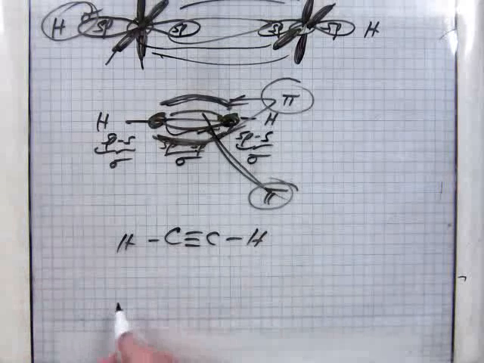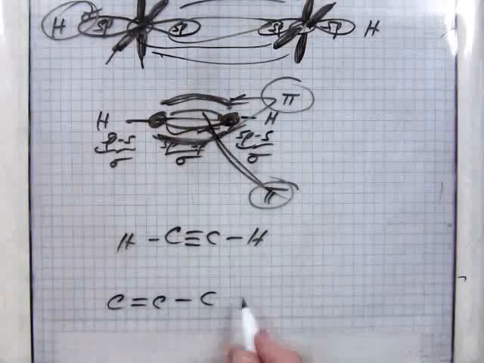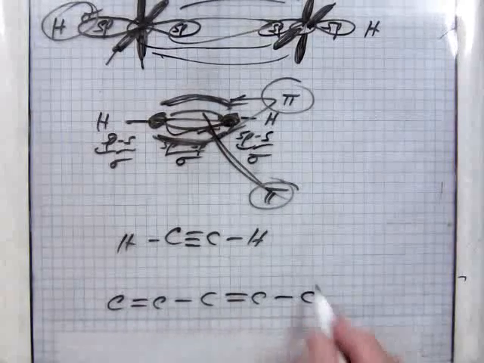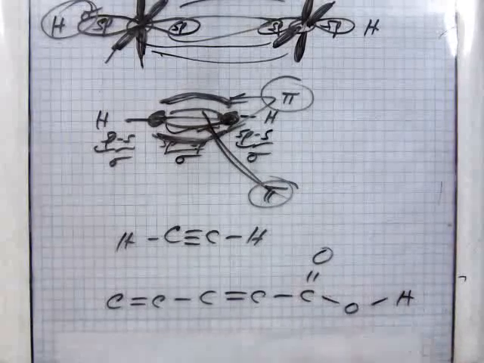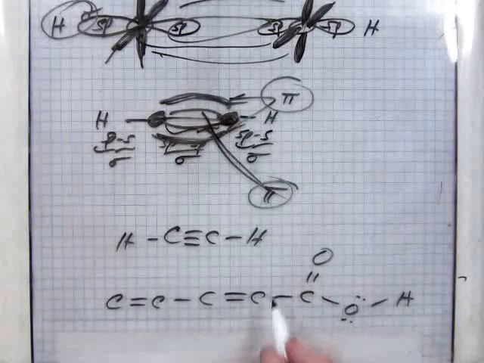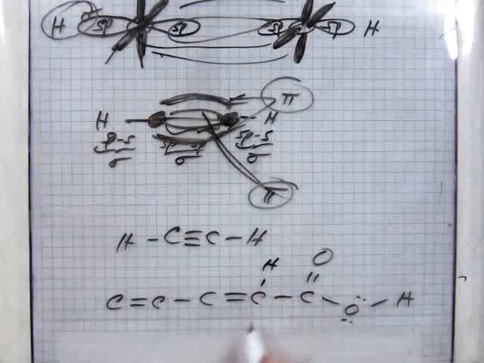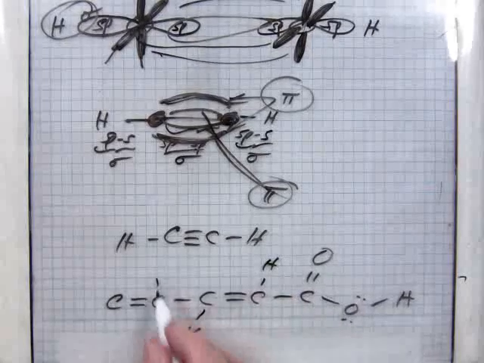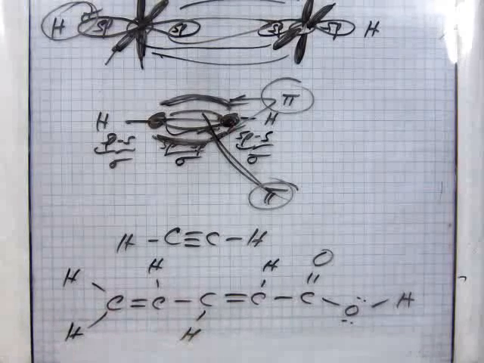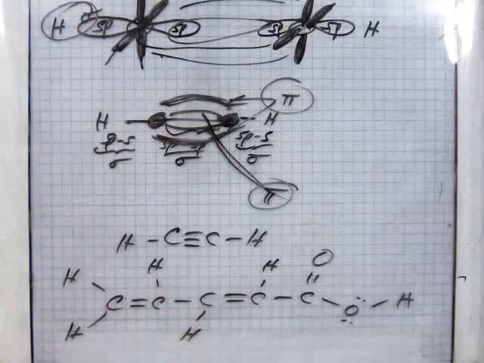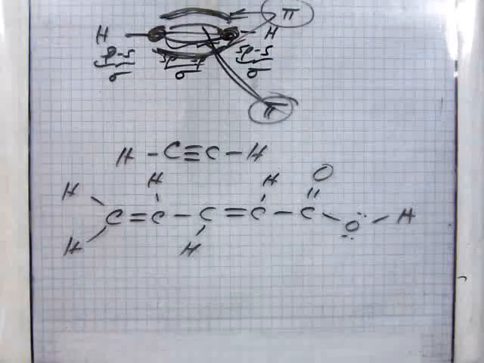For example, if you had a complex molecule, something of this nature, how many pi bonds and how many sigma bonds do you have in that structure?